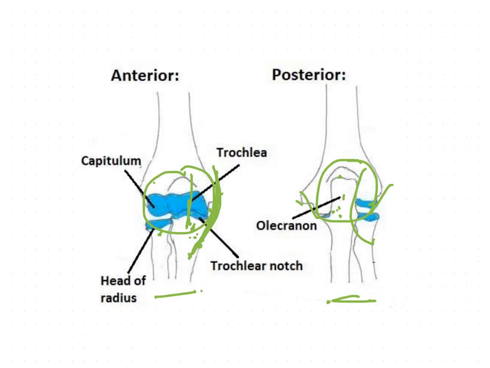So that one is resisted by the soft tissue structures. So the joint distraction in the extended position, the resistance is provided entirely by the soft tissue structures.